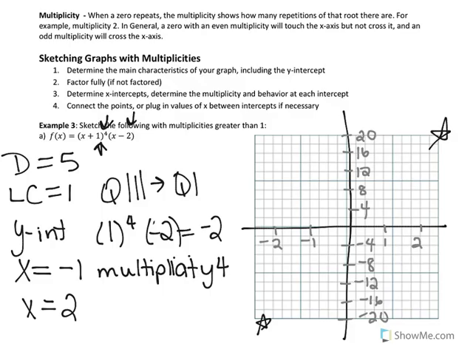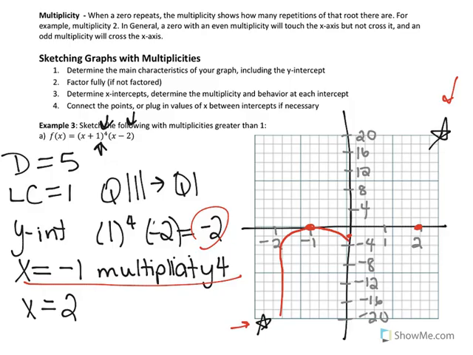Okay, so the way that this works is let's plot our y-intercept. What is our y-intercept again? Oh yeah, negative 2. So there's our y-intercept, and our x-intercepts are at 1, negative 1, and positive 2. So we know we're going from here to here. Because it's an even multiplicity, it's going to come up, get really close, and then come down.